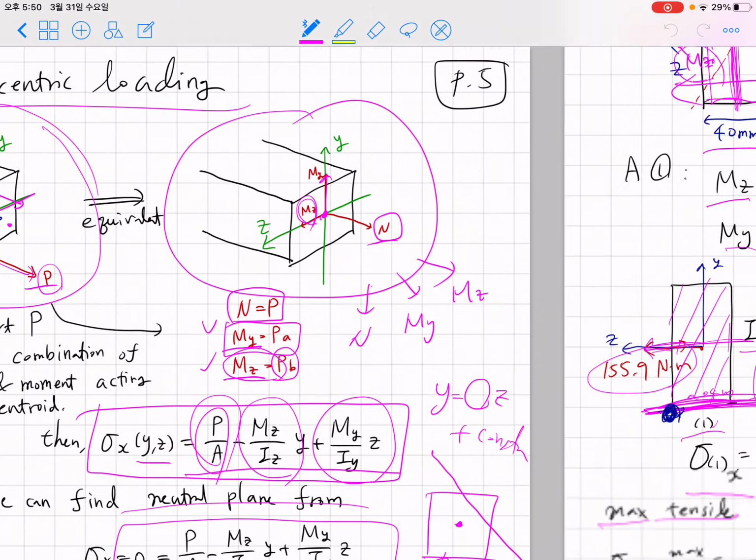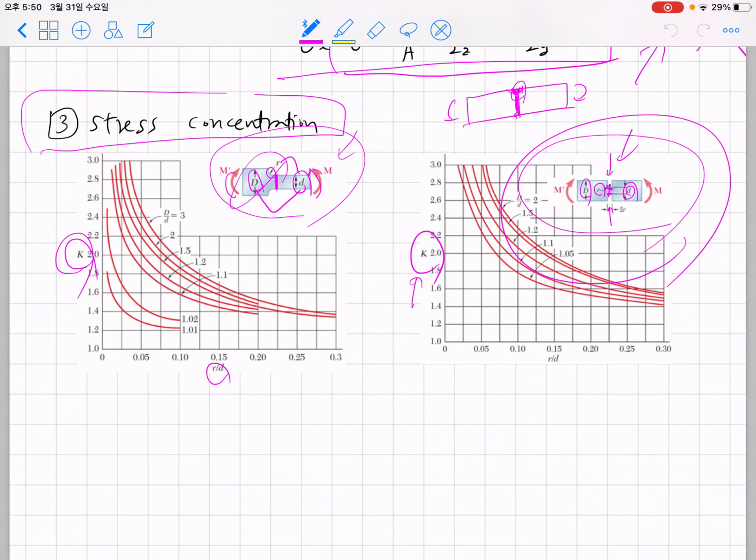So when D over d is 1.5, this is the line. So let me use a different color. This is the D over d equals 1.5 case. If we consider K equals 2, yeah, this is it. So what you can see here is that small r over small d is around 0.13.